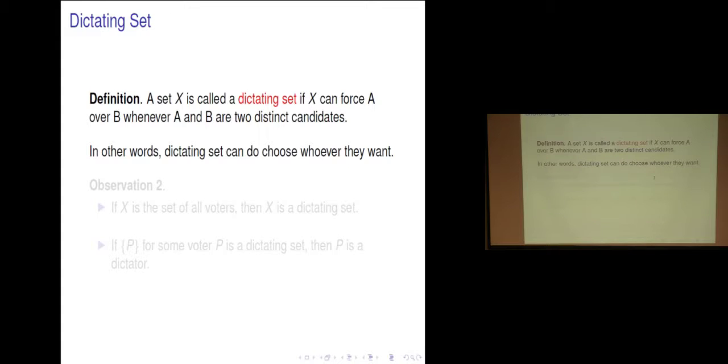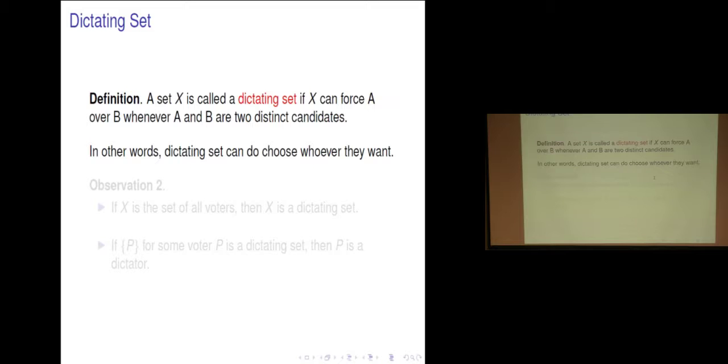The dictating set says, you give me any two different candidates, I can force A over B, for whoever it is. I can force him over the guy in the second row, and I can force the guy in the second row over him. So that's a dictating set.